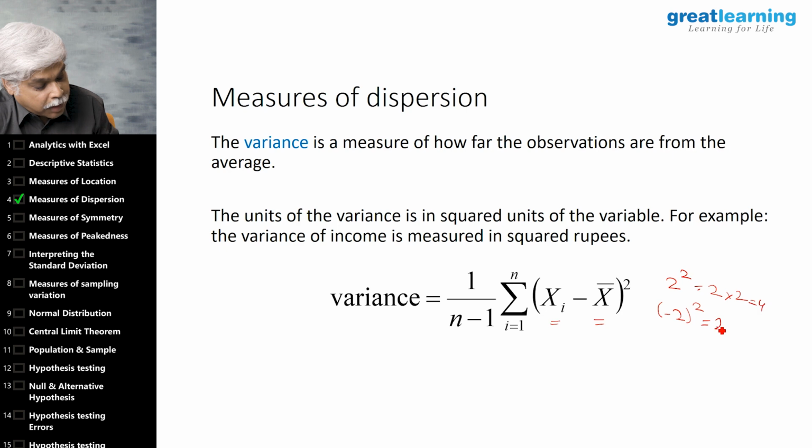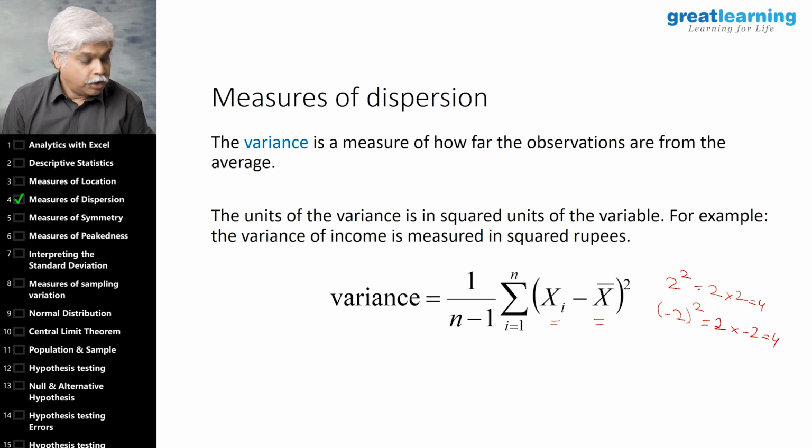And this also is minus 2 into minus 2, which is 4. So if it is 2 units away, then it will contribute 4 in this summation. And if it is 2 units away on the other side, on the minus side, it will contribute 4 as well. I've ignored the idea that certain observations are above and below and simply said certain observations are far away from the mean.